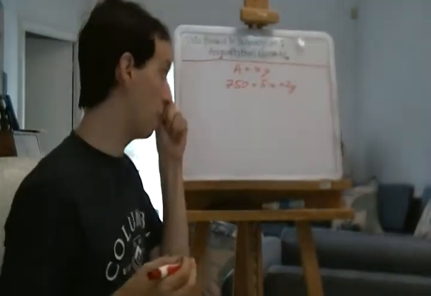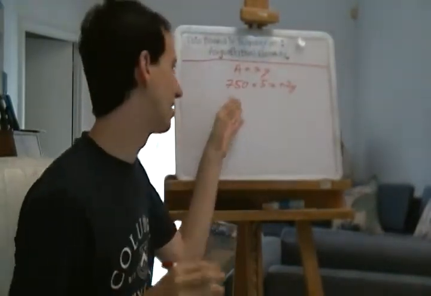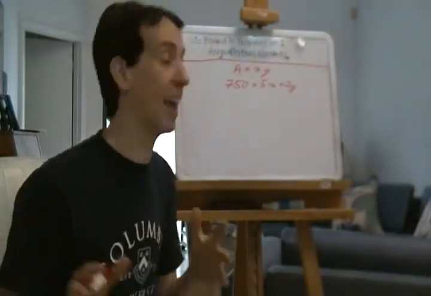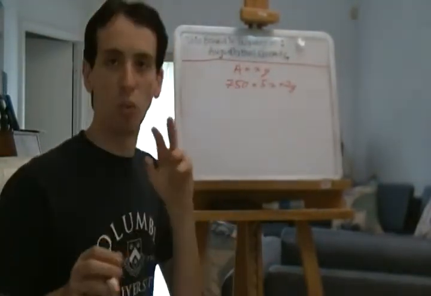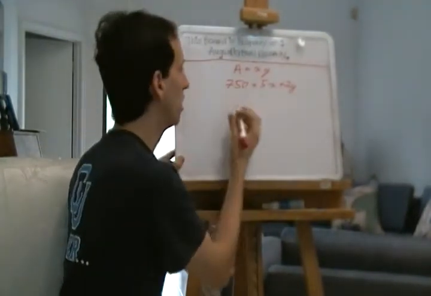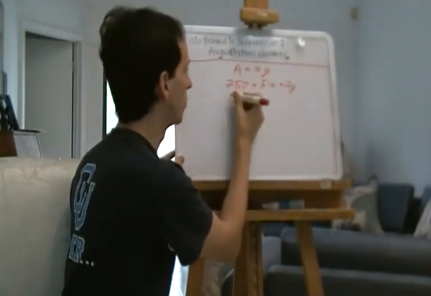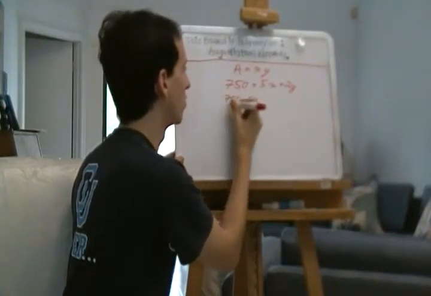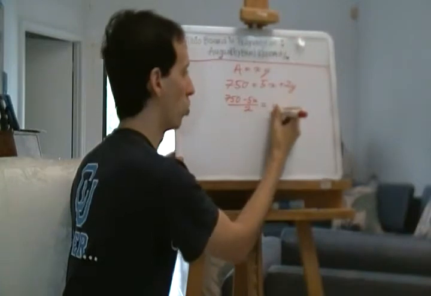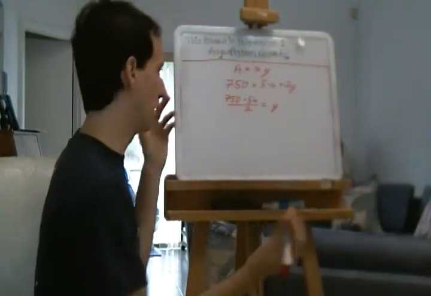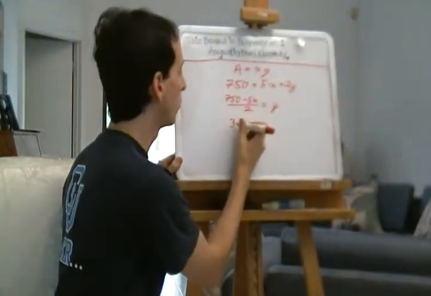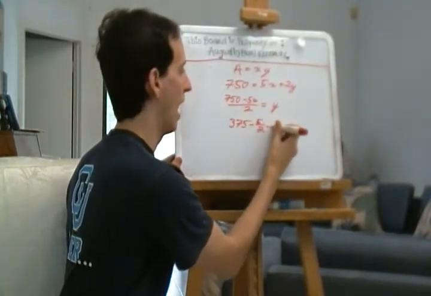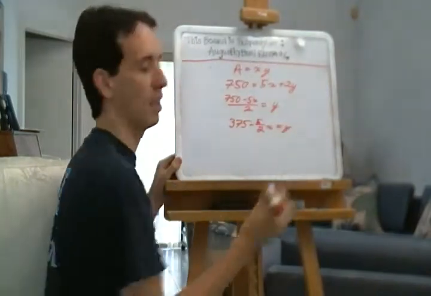Now, if you remember, the step that comes now is that I asked you to isolate y, to put y explicitly in terms of x. So we can only work with one variable. Well, the way you do that is you'd set it up such that (750 minus 5x) over 2 equals y. Just isolate that y. Another way to write that would be 375 minus 5 halves x equals y.